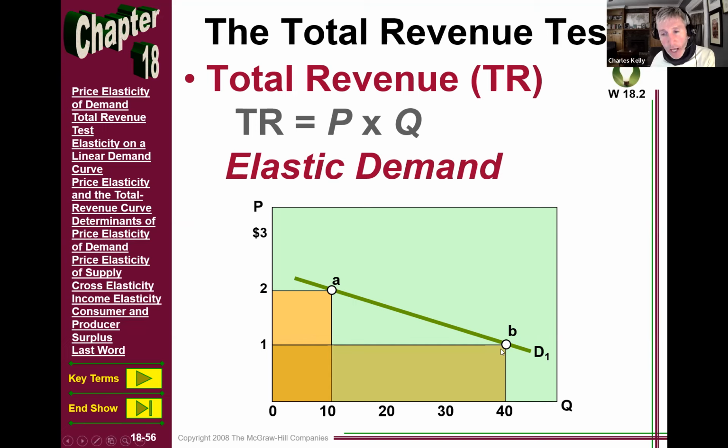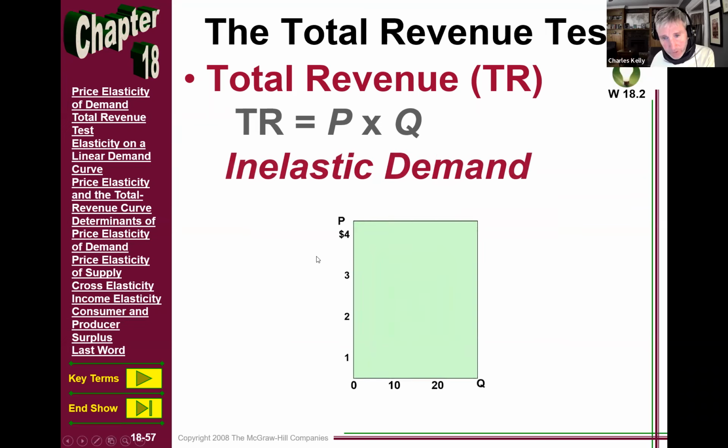We were charging $1, selling 40, total revenue of 40, and we raised the price of our item by $1. Well, our total revenue actually decreases from 40 down to 20. So raising price doesn't mean we collect more revenue. When demand is elastic, it's the opposite: price up, total revenue down.